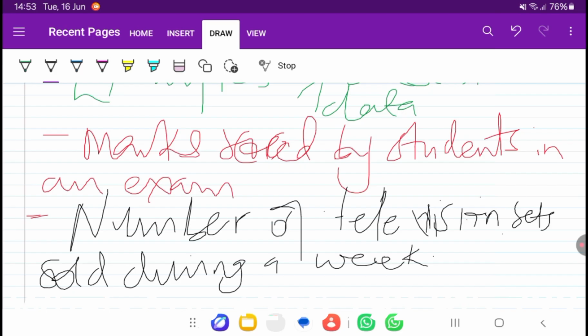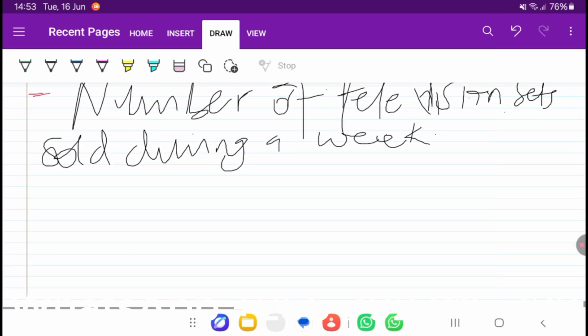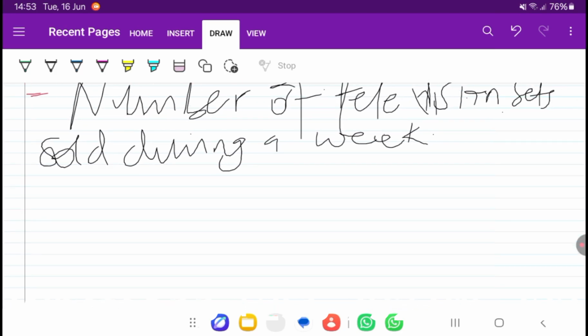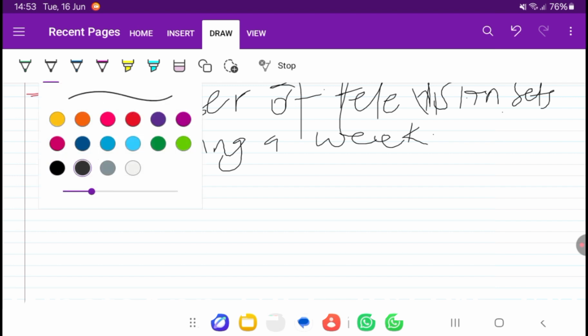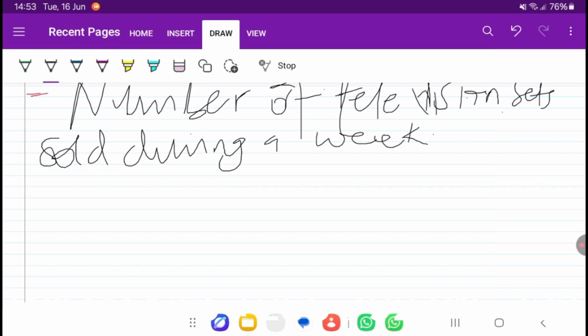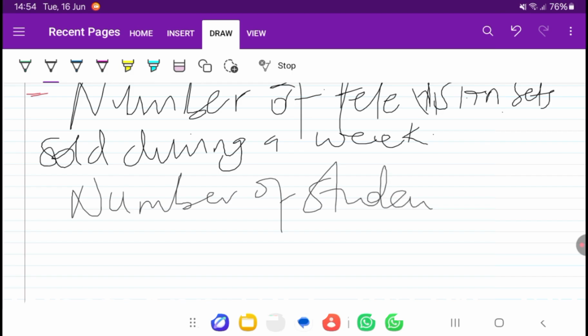Maybe how many televisions did we sell in the week? It will represent the discrete values. We can also talk about the number of students in the lecture, or number of students in a class.